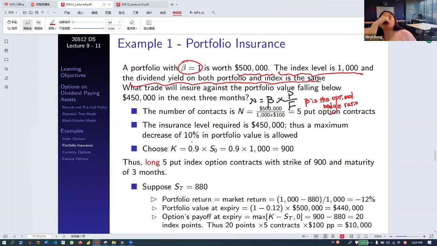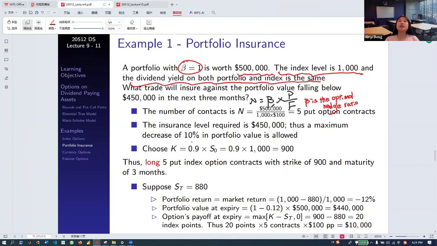In this example, we are also going to determine the strike price. The scenario here is: what trade will ensure against the portfolio value falling below $540,000 in the next 3 months.